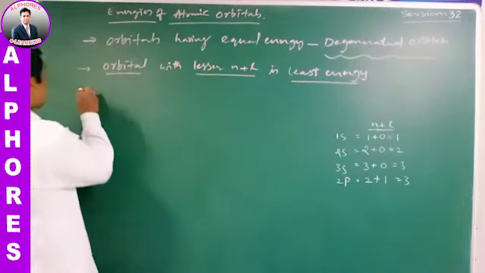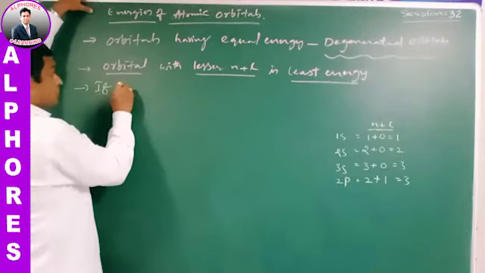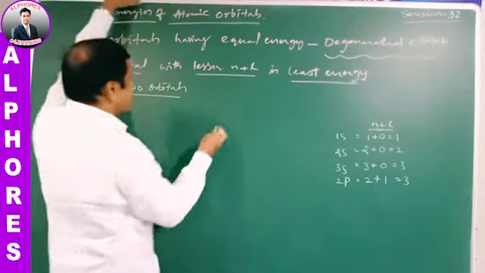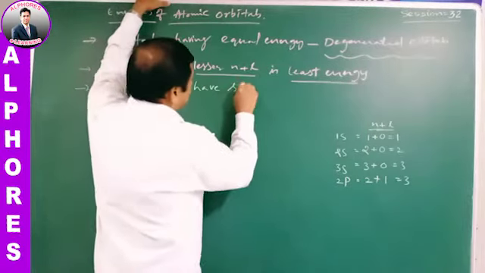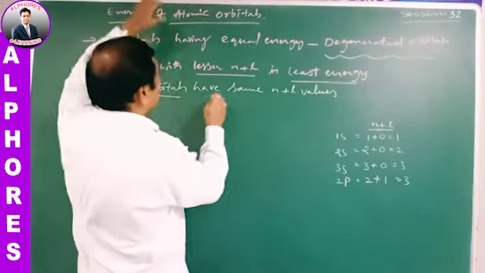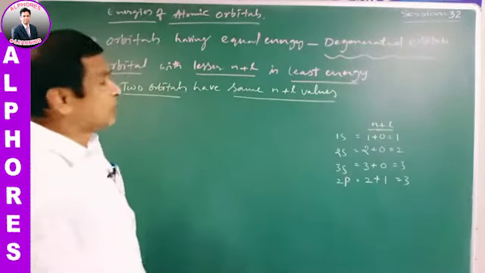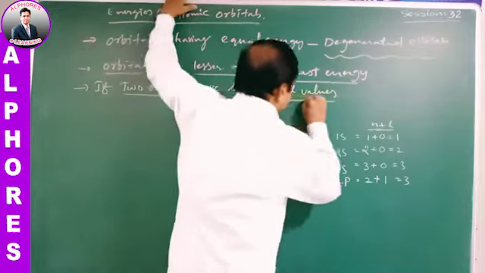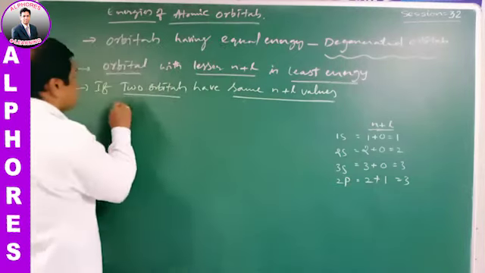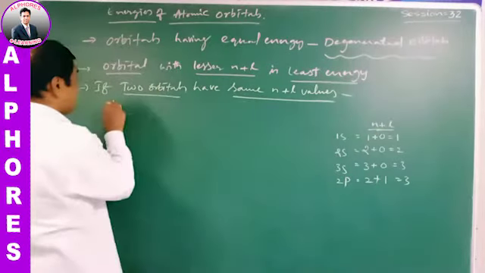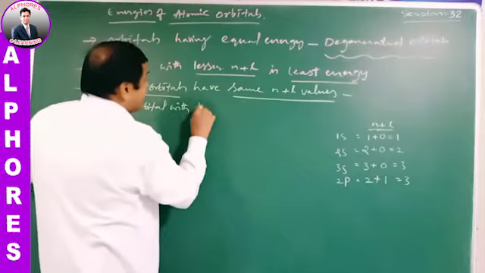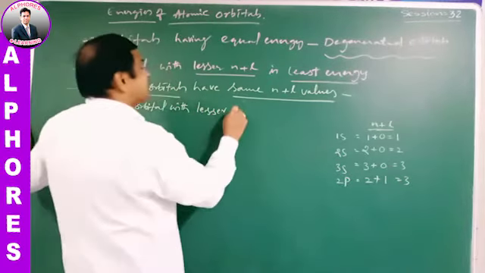The next concept is: if two orbitals have the same n plus l values, then the orbital with lesser n is the least energy orbital.